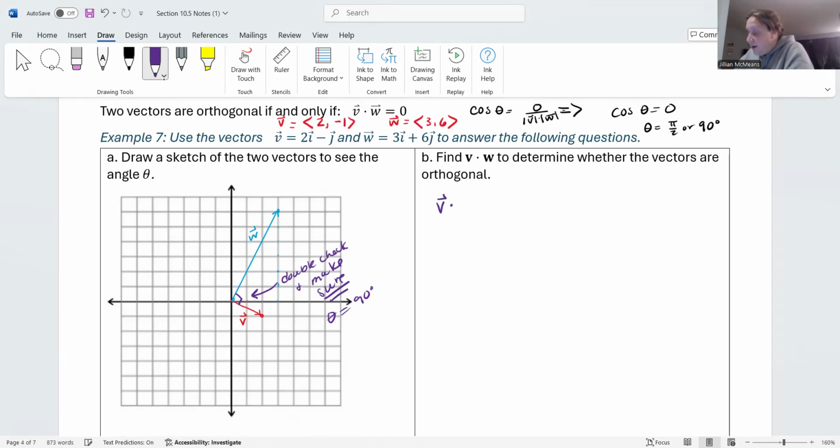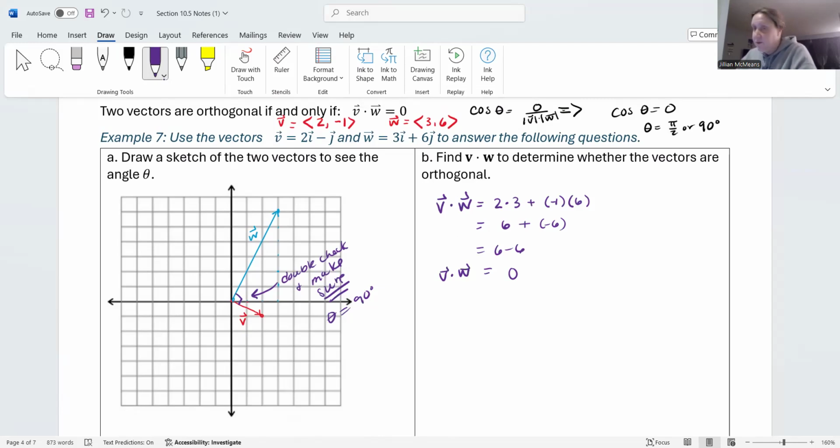So v dot w: the a component of v is 2, the a component of w is 3, the b component of v is -1, and the b component of w is 6. So we get 2 times 3 is 6, plus -1 times 6, which is -6. You could also think of this as 6 minus 6, which is, ta-da, 0. So we definitely get a dot product of 0.